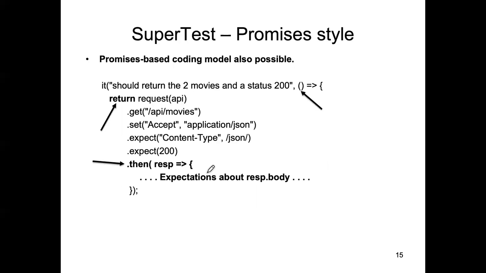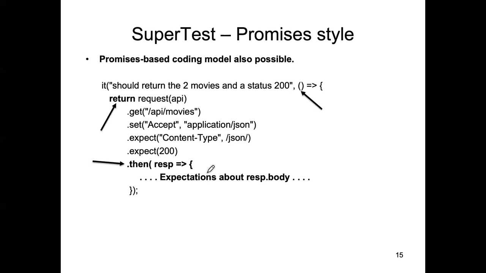Now, Frank, in the web app dev module, has covered the promises programming style for coding asynchronous communication code, and SuperTest actually supports the promises programming model. I think the promises programming model is cleaner than the one that we've seen up to now.